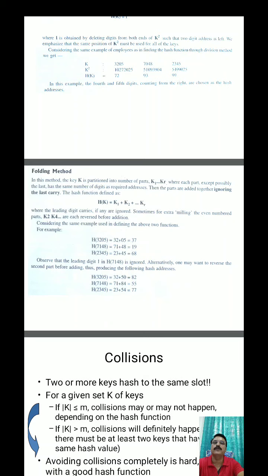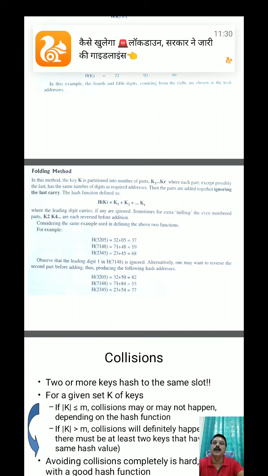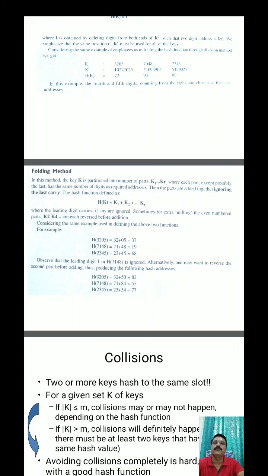Consider the same example used in defining the above two functions. For example, h of 3205 equal to 32 plus 05, that is 37, h of 7148 equal to 71 plus 48, that is 119, and h of 2345 is equal to 23 plus 45, that is equal to 68. Observe that the leading digit 1 in h of 7148 is ignored.